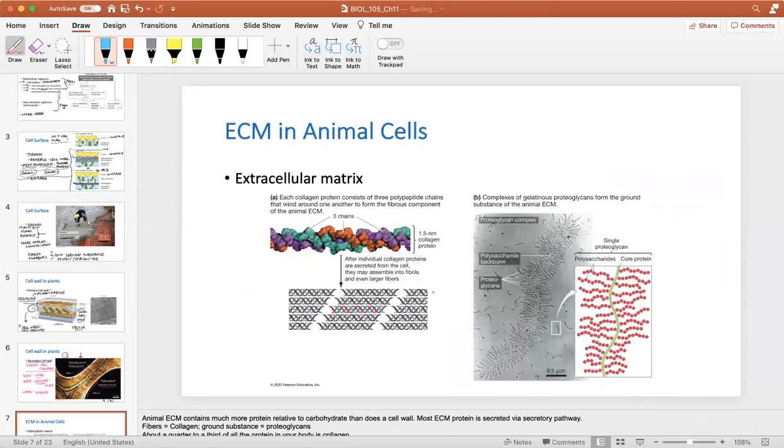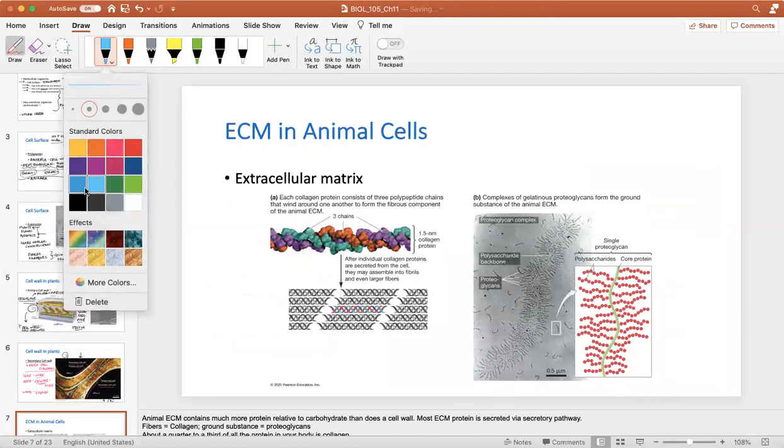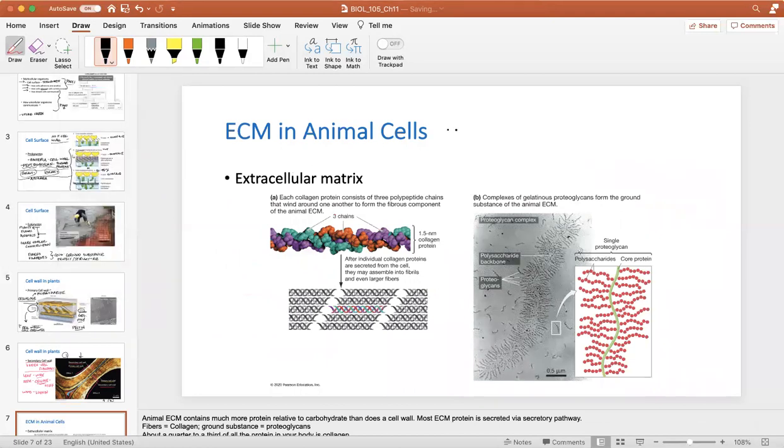What does it look like in animals? We mentioned this briefly during our discussion of cell features in chapter 7. In animals, this secreted outer layer, so the outer layer that goes beyond the cell membrane, is called the ECM, which stands for extracellular matrix, okay?